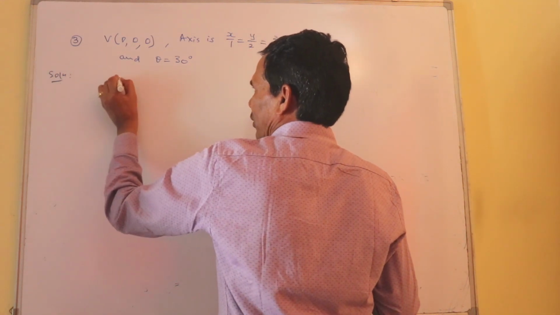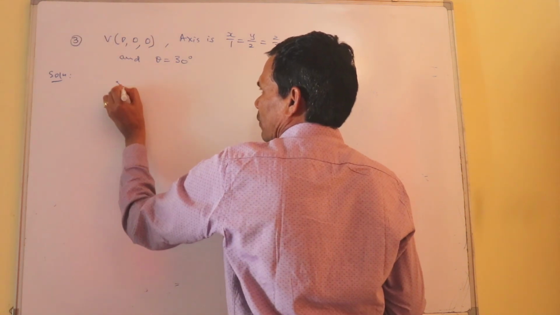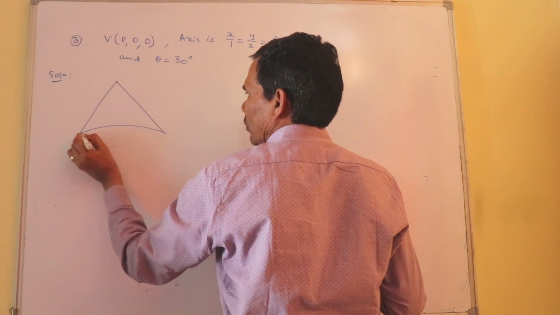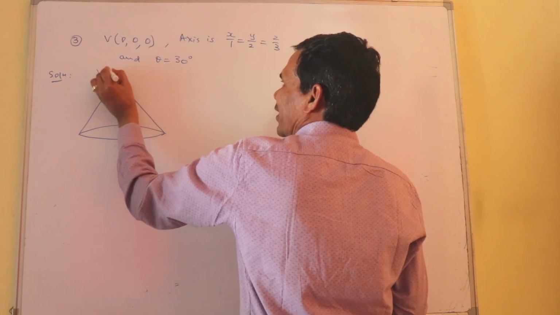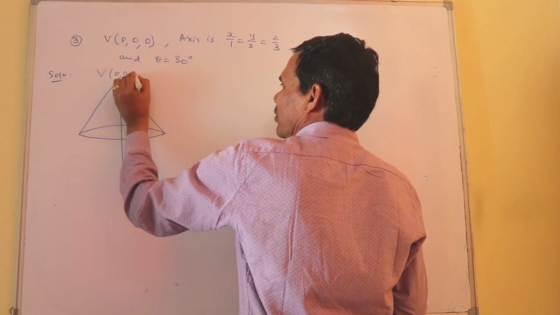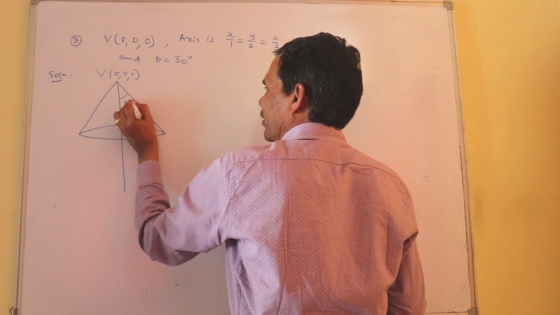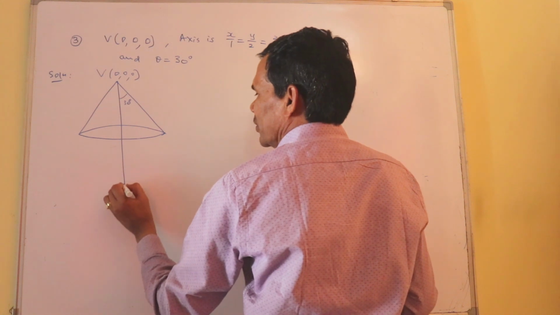Solution: I draw the figure for this. So the figure is this. Vertex at origin. So this angle is 30 degree, and this is the axis.